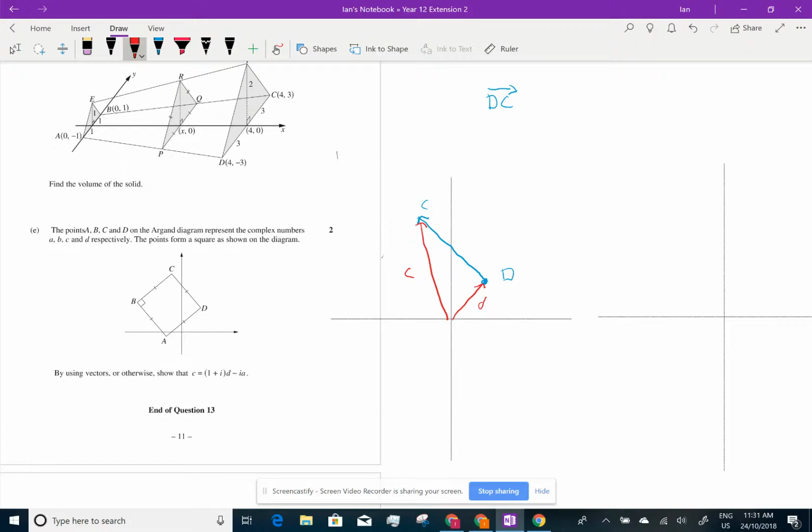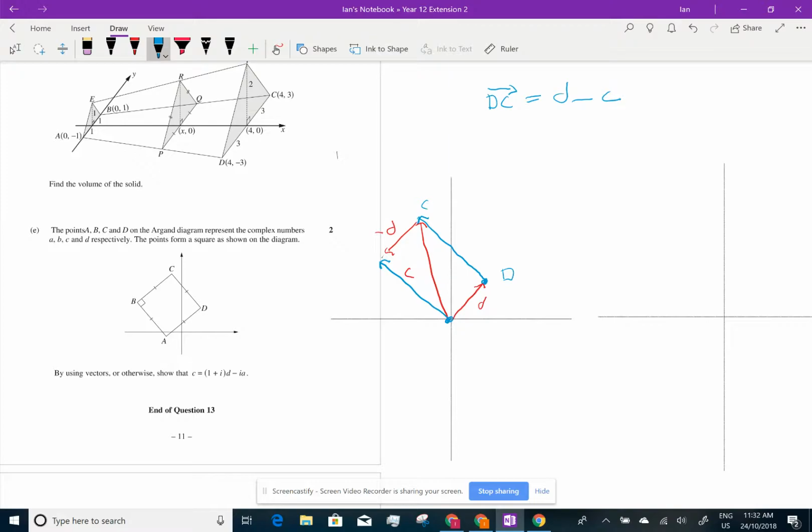So to get the vector DC, if I take the vector C and add the negative vector D, I will get this vector, which is the same as DC.